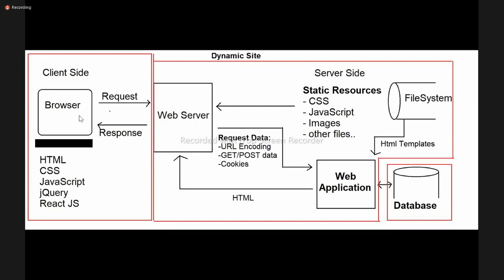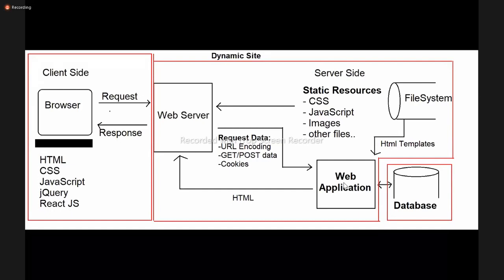And on the client side, we will use React. On the client side, we will use React to communicate with the server-side application. The client-side React app communicates with the server-side application. And the server-side application is going to communicate with the database. This is the basic architecture, right?